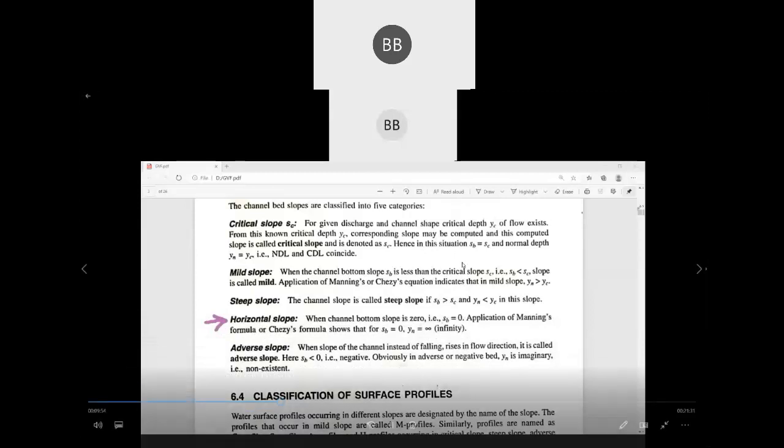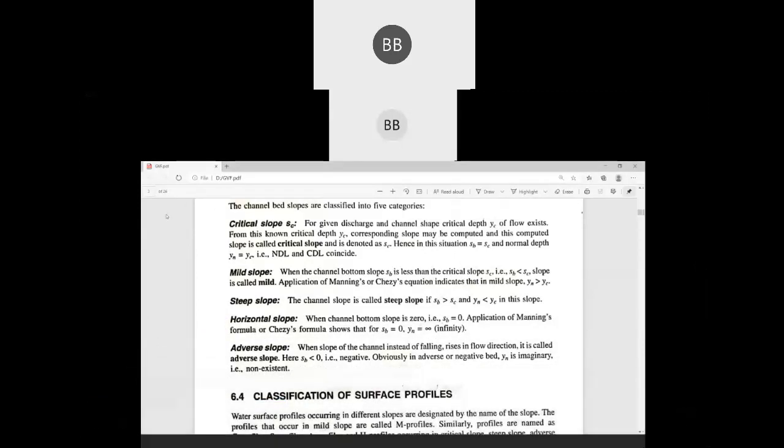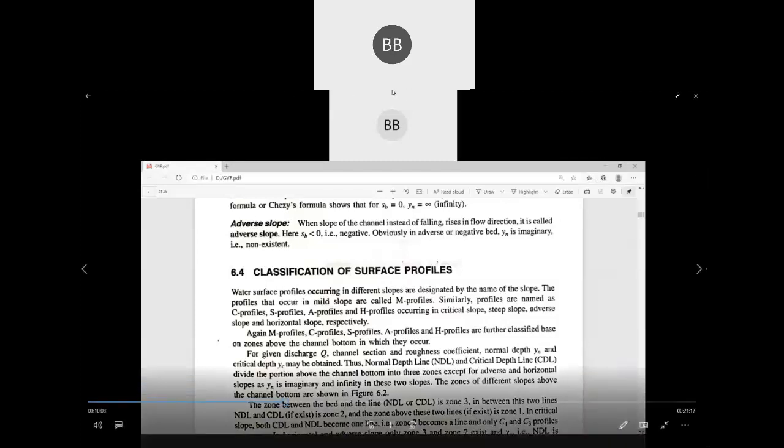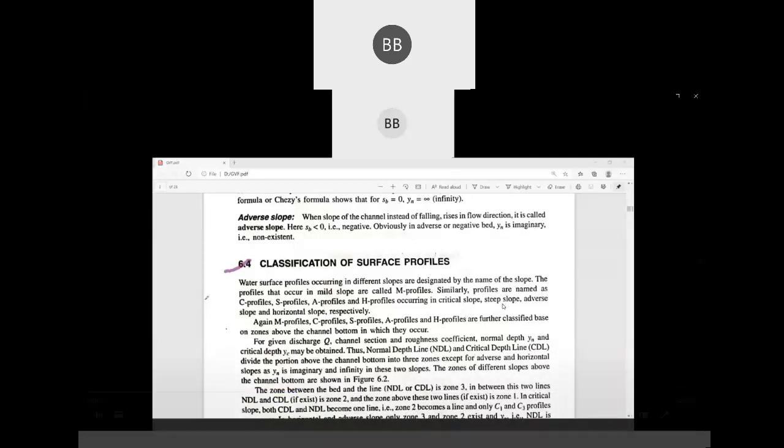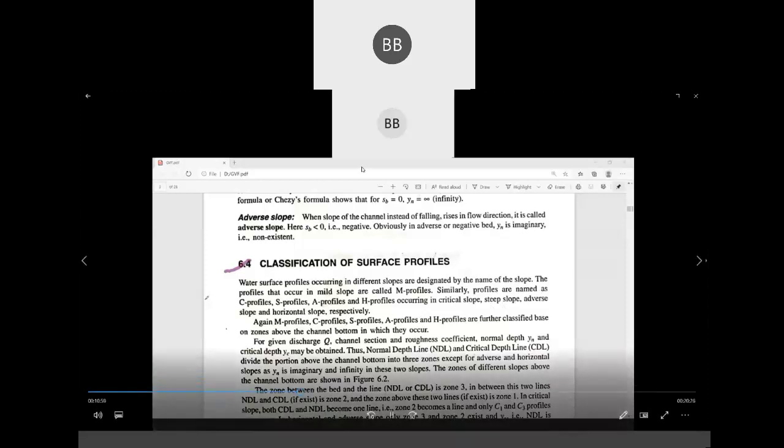In gradually varied flow, for mild slope, similarly, profiles are named as M profiles, C profiles, S profiles, A profiles, H profiles.